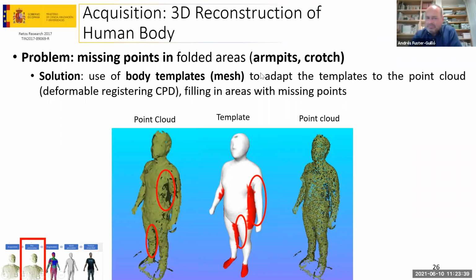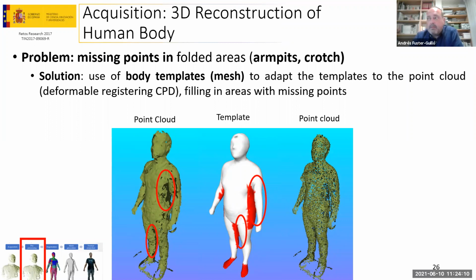But once we have the unified point cloud, we still have some problems. We have some missing points in some folded areas, like armpits or crotch. And the solution for this is to use body templates, that is meshes, and adapt the templates to the point cloud with a deformable registration, the CPD.